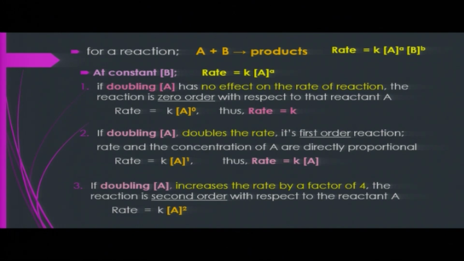Using your mathematical and physics knowledge, what do you think would be obtained? Rate versus concentration. I'm giving you a minute to think through. Plot this, and this. What would be the possible curves? Rate on the y-axis, concentration on the x-axis.